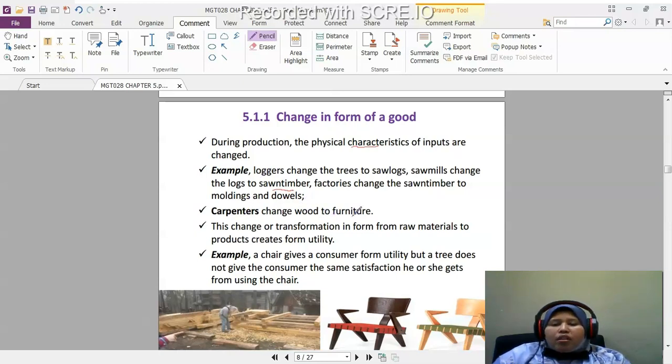Carpenters change wood to furniture. This change or transformation involves going from raw material to product with form utility.